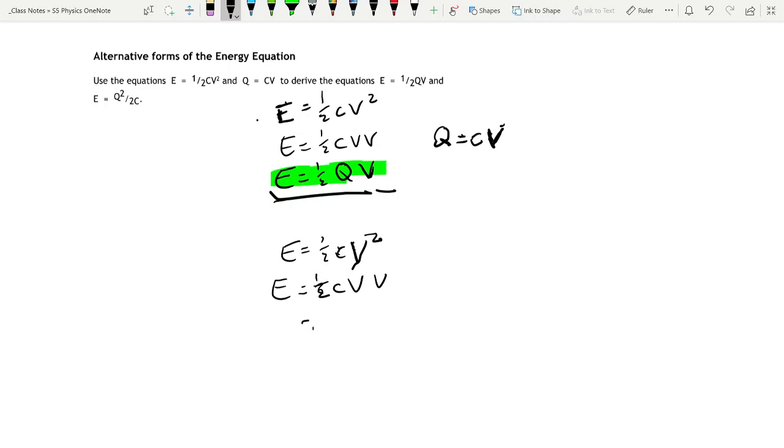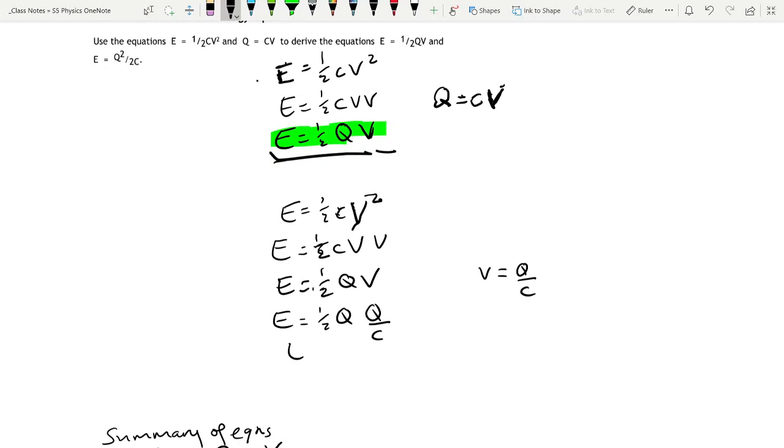So we can get back to E equals half QV by replacing CV by Q. We also know that V equals Q over C, because that's just a rearrangement of Q equals CV. So E equals half Q over C. And if we neaten that up, E equals half Q squared over C, or it's written as Q squared over 2C. Doesn't really matter, both work.